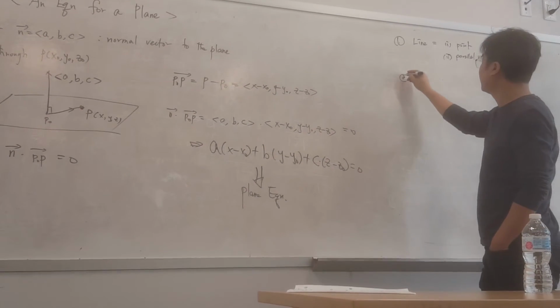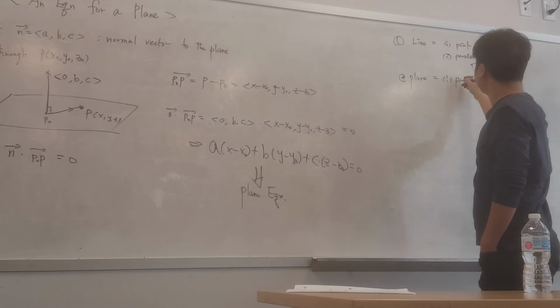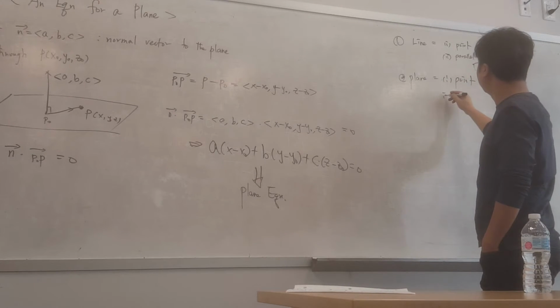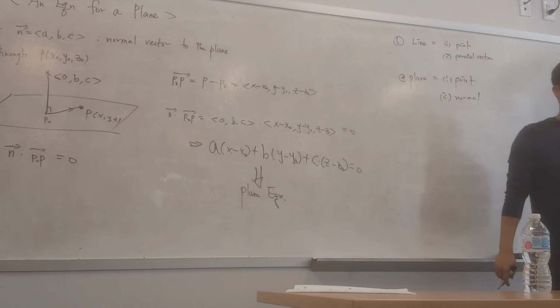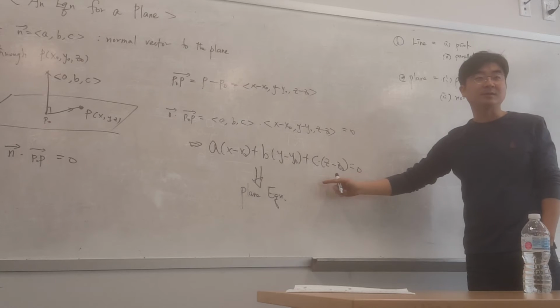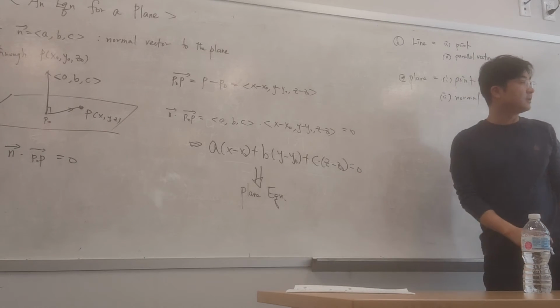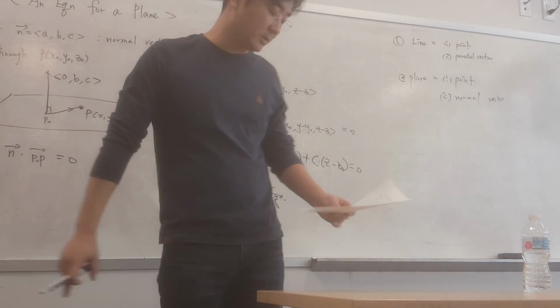Now we move to plane. We need a point, same thing, on the plane. Second, now we need a normal vector. Normal is the perpendicular vector to the plane. So from the line, we only change from a parallel vector to a perpendicular vector. Then this is my plane equation. How was it? So let me give you an example to describe the plane equation.